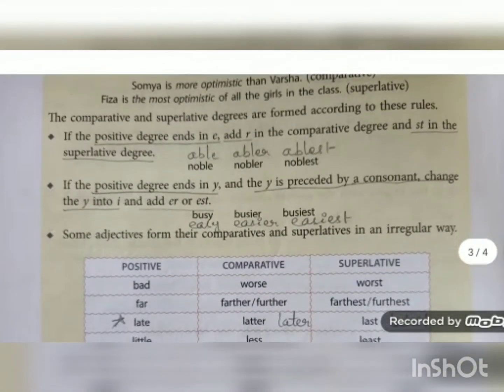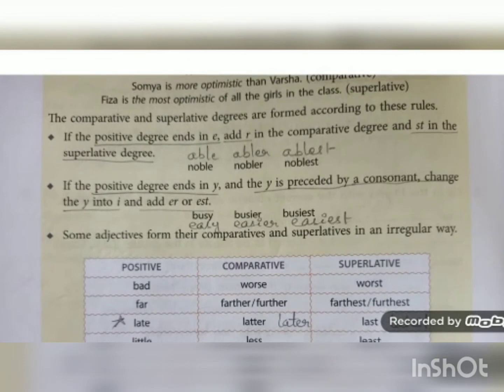Next, the comparative and superlative degrees are formed according to these rules. So what are the other rules in order to change an adjective from positive to comparative and superlative? Let's see. If the positive degree ends in E, add R in the comparative degree and ST in the superlative degree. Suppose a positive degree adjective like noble, which ends with E. When we change noble from positive to comparative, we have to just add R because E is already there.